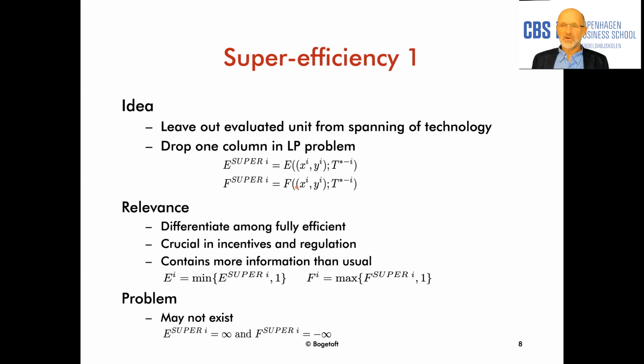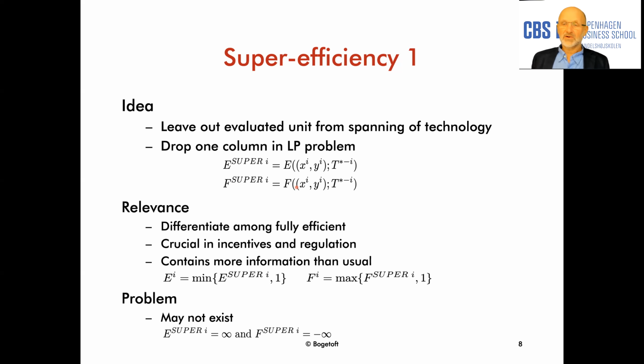And in this way, you actually get a measure of, as I'll show you in a split second, how much a firm contributes to pushing the frontier out. So you are rewarded in this measure by contributing to pushing the frontier out.